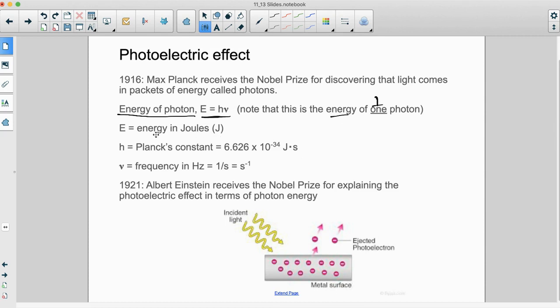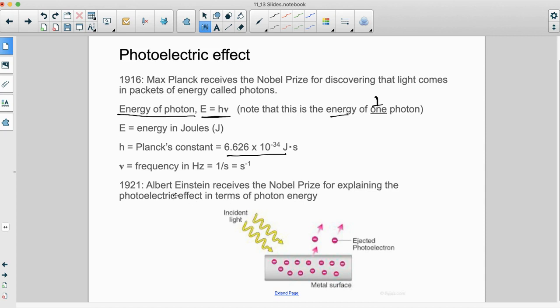So E is the energy in joules for the photon. H is something called Planck's constant. He found that the frequency and energy were related by Planck's constant. And that's this very tiny number here, 6.626 times 10 to the minus 34 joule seconds. And then nu again is the frequency in hertz.